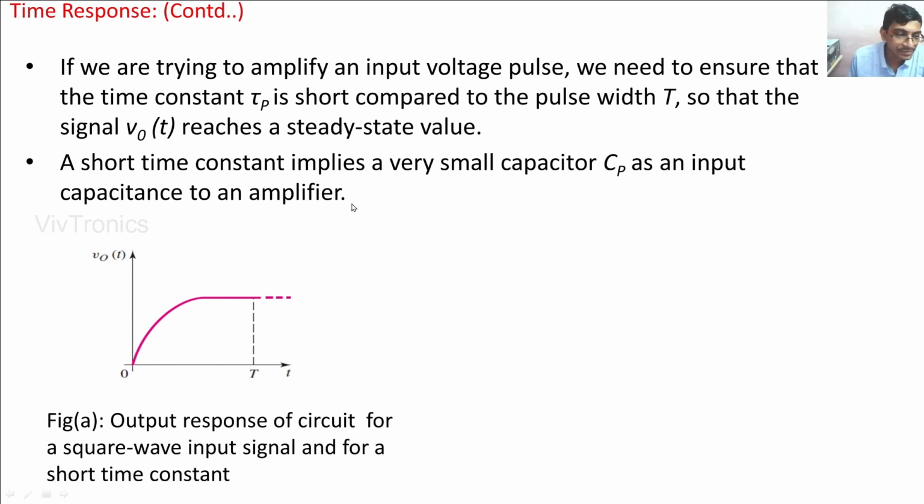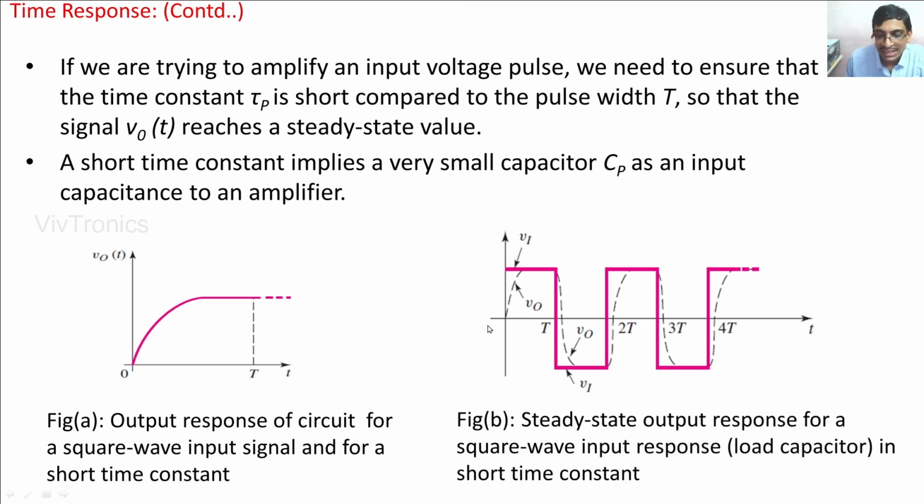Let us see the output response of a circuit for a square wave input signal and for a short time constant. Okay, so here 0 to 2 is the pulse width of the input signal. Let us see the steady state output response of a square wave, which is a combination of pulse signals.